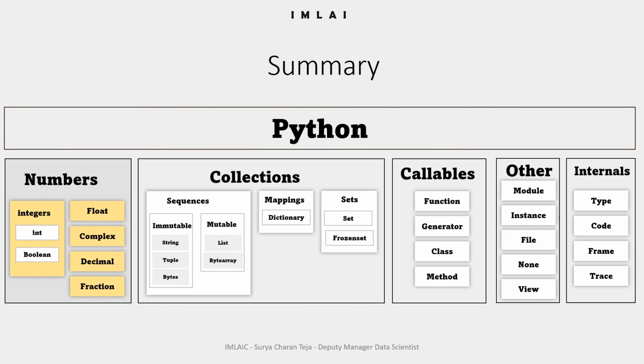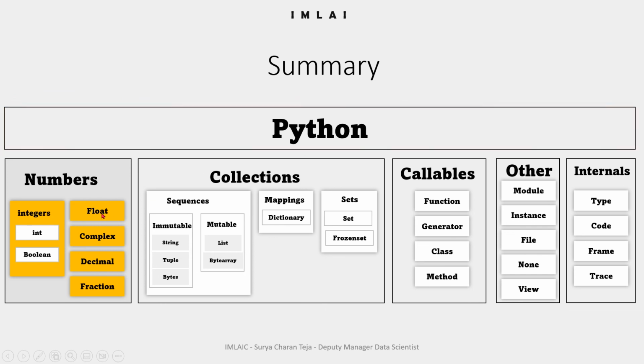First one is integer type, which does not have any decimal point, under which we get the int object and the boolean object.